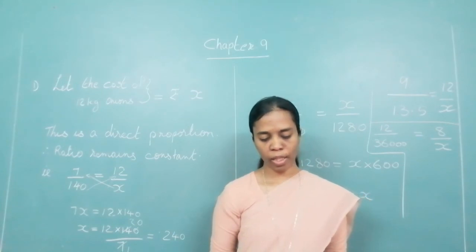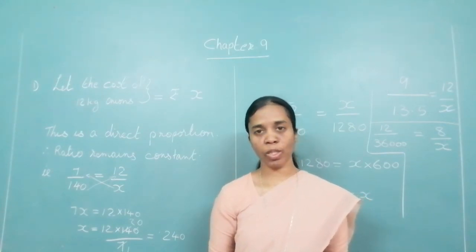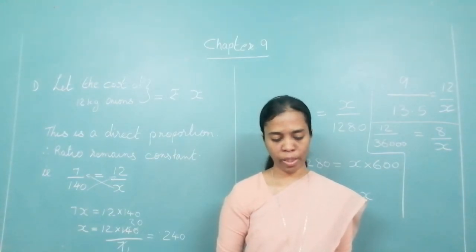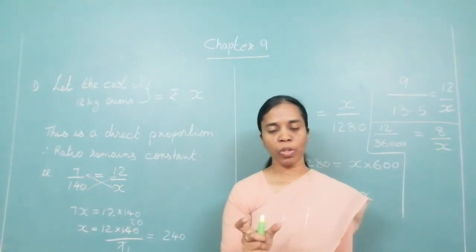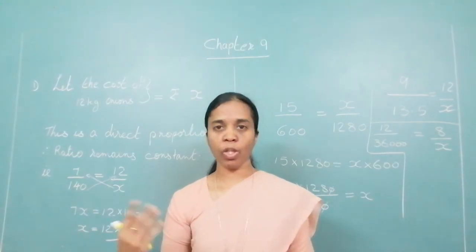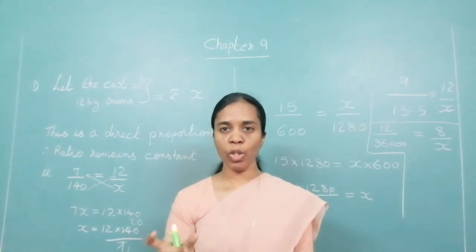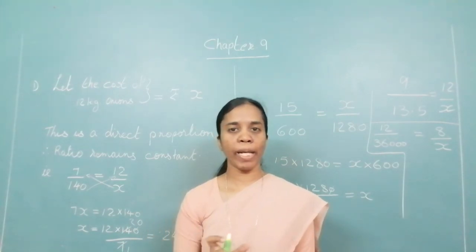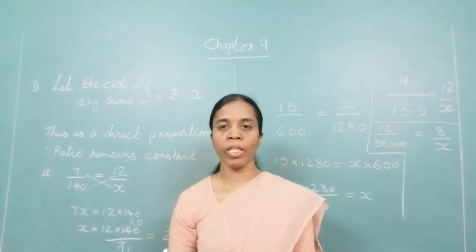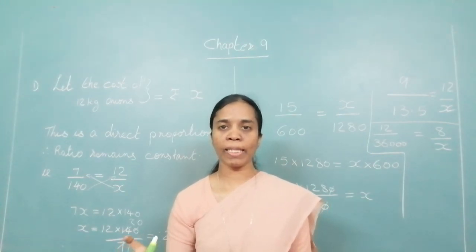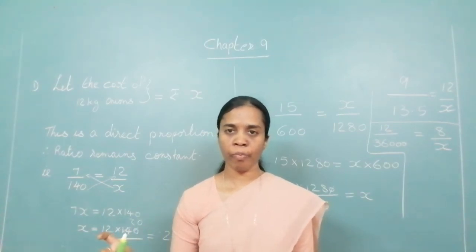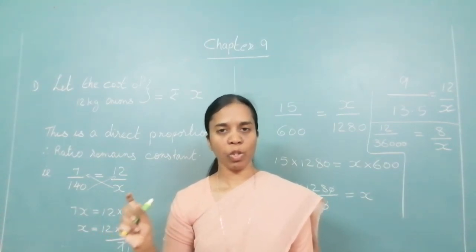Similarly, the last one, two mobiles cost 16,000 rupees. How much will 13 cost? 2 cost 16,000, so surely 13 will cost much more than that. Let the cost of 13 mobiles be X. This is a direct proportion, therefore the ratio remains constant.